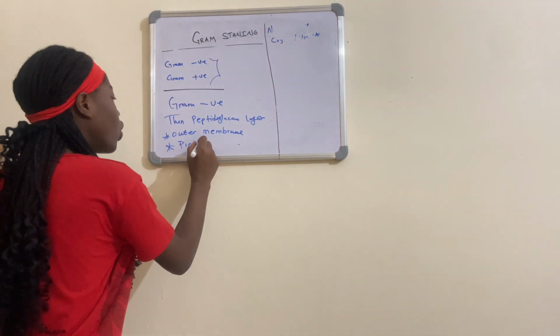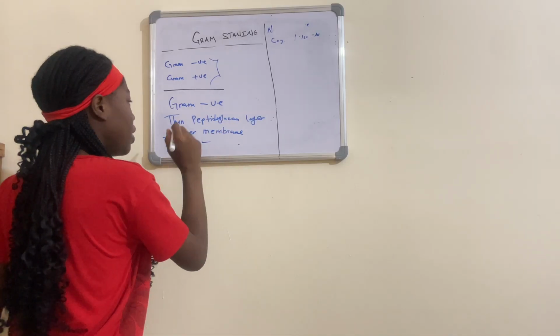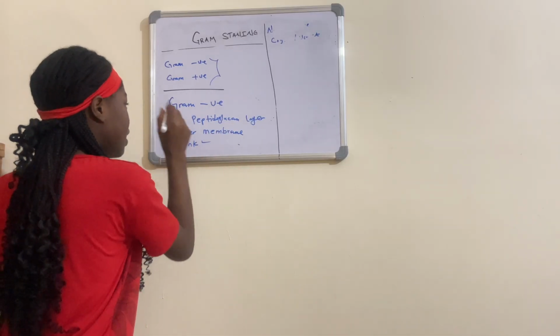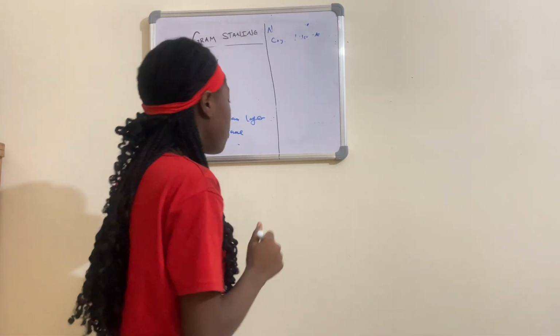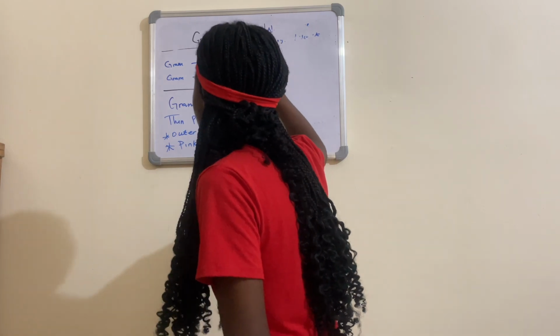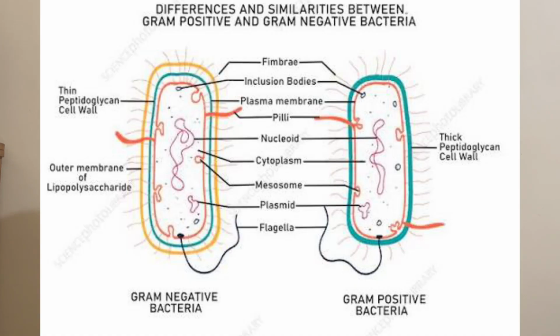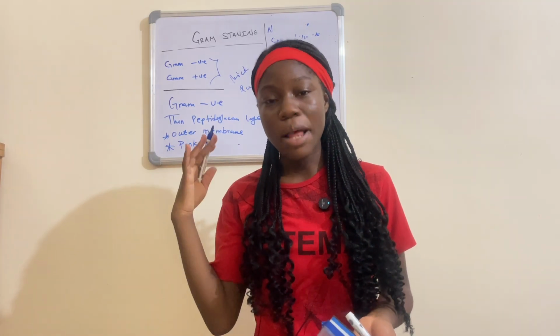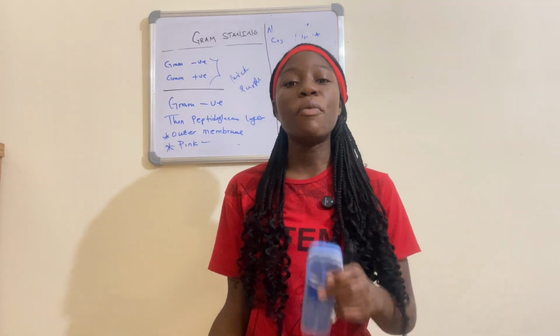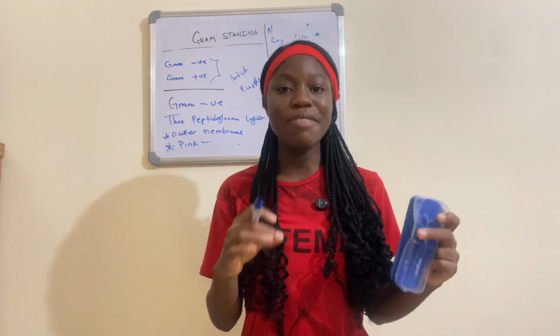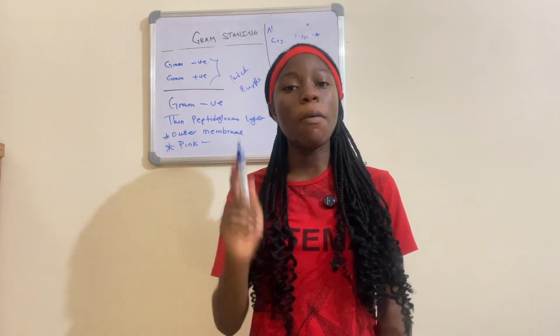So they have a pink color, and they have an outer membrane, and their peptidoglycan layer is very thin. But in the case of gram positive, they have a thick layer, and then they have a purple color under the microscope. So when you view a gram-negative bacteria under the microscope, it is pink or red in color. But when you view a gram-positive bacteria under the microscope, it has a purple color.